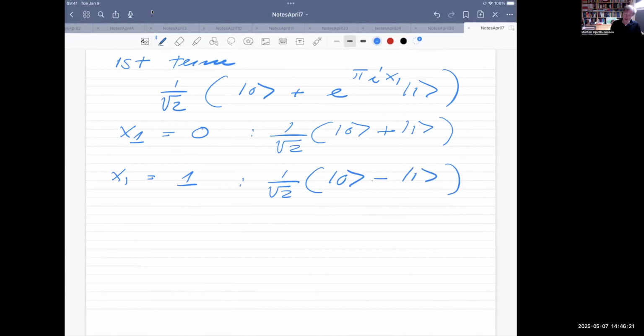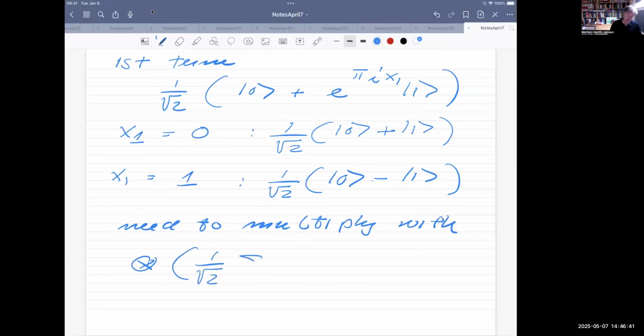So when we look at these operations, we need to multiply with the second term. So we do actually have a tensor product. And this tensor product runs like 1 over square root of 2. I have the sum over y1 equals 0 to 1. And then I have the exponential of 2 pi i times x0 divided by 2 plus x1 divided by 4.